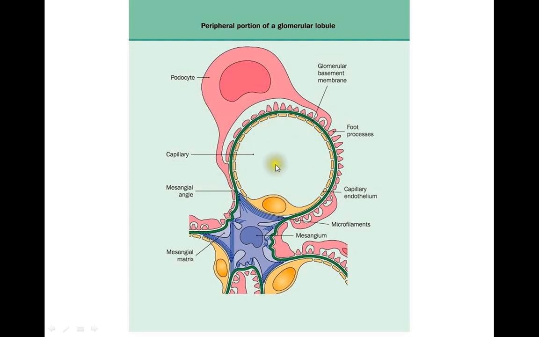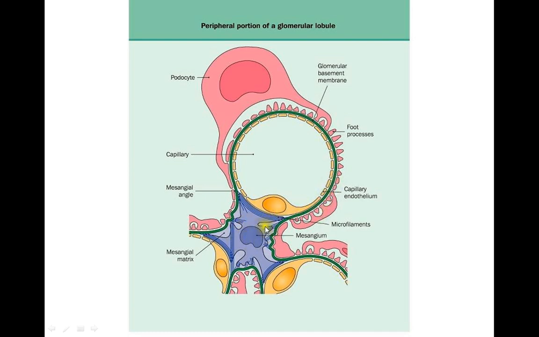Here is inside the capillary, and blood flows in this area. This green layer, as I told, is glomerular basement membrane. This is podocyte or visceral epithelial cell. These are foot processes, which are shown beautifully.